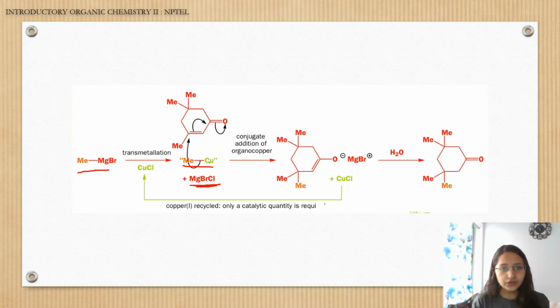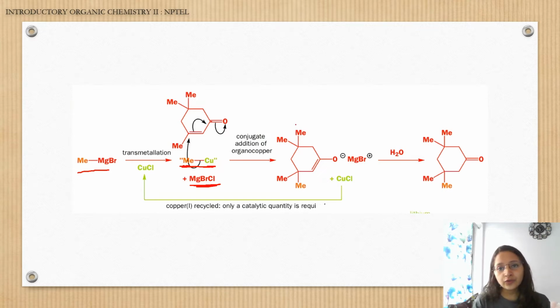Okay, so now this copper is a soft electrophile and now methyl is a soft nucleophile. So now methyl will attack as a 1,4 addition rather than the 1,2 addition, because it is the soft center and it is the hard center. So a soft nucleophile will prefer to attack the soft electrophile, the soft center.